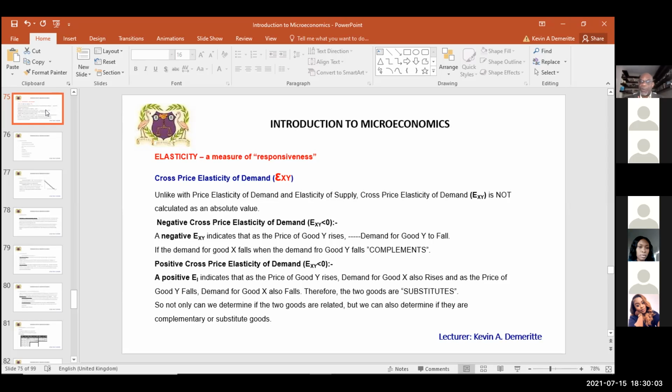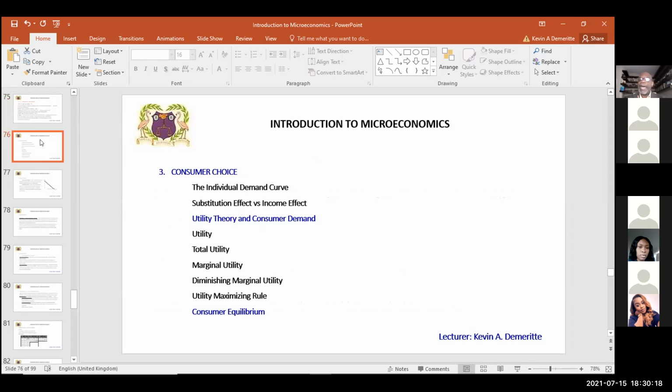That's what elasticity tells us when we're looking at it from the perspective of the firm. The second big issue that we're going to look at is how our customers make decisions, how they choose one product over another, one business over another. So we're going to spend the next class or two talking about consumers' choice and consumers' preferences.